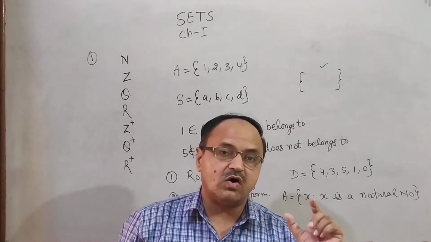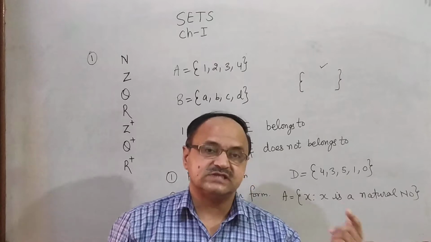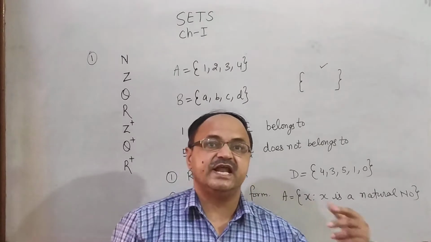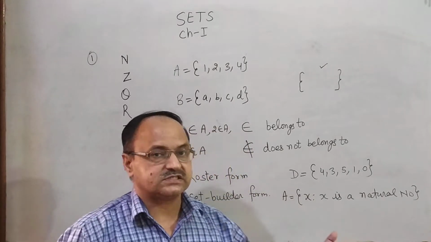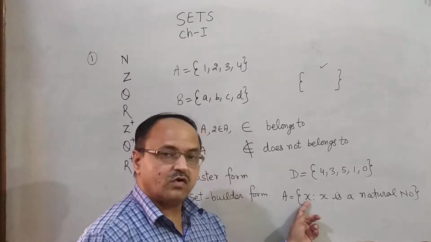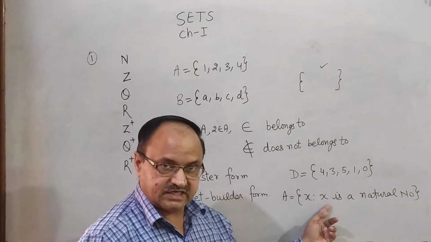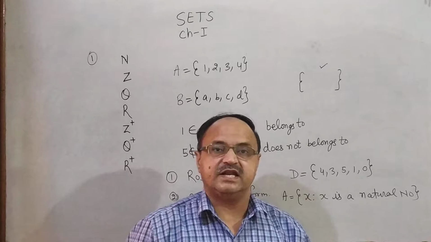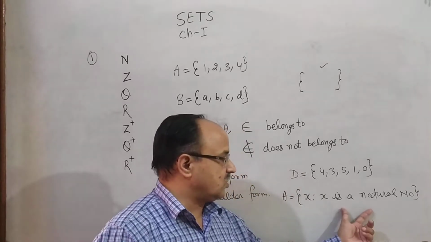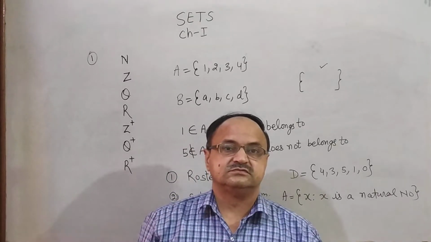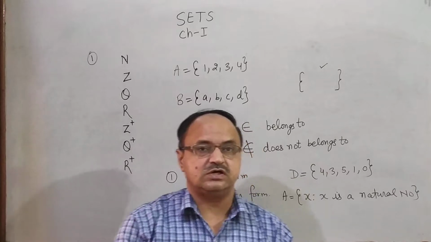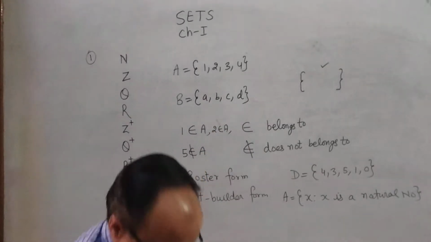Set of all x such that x is a natural number. You can read it like this. Set of all x such that x is a natural number. This is called set builder form.